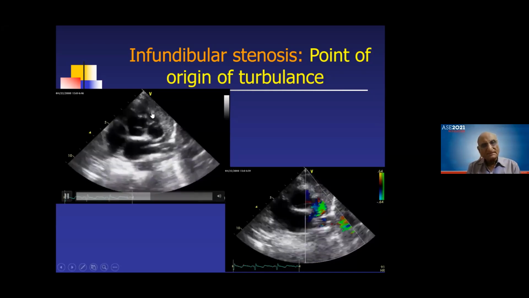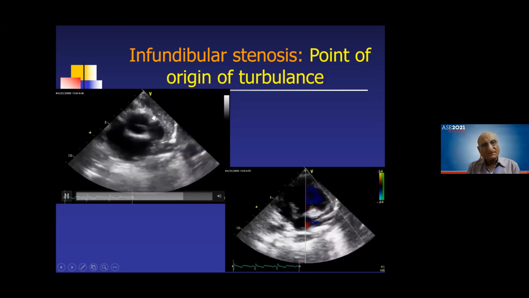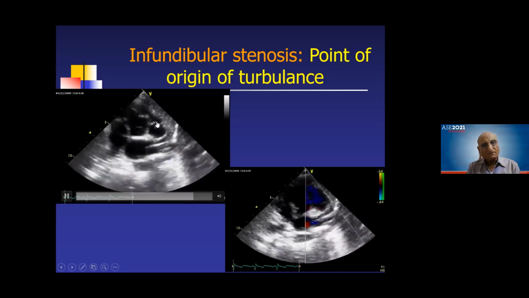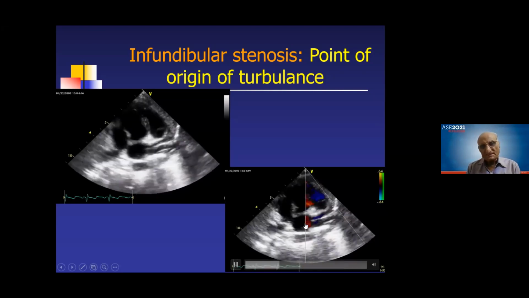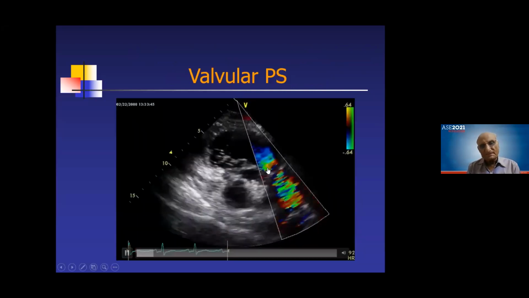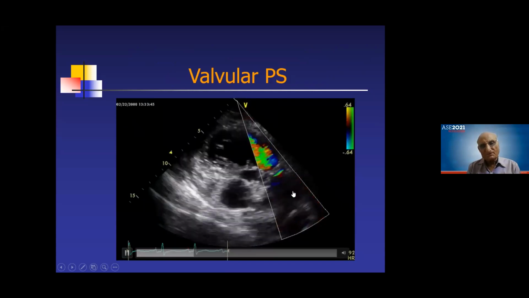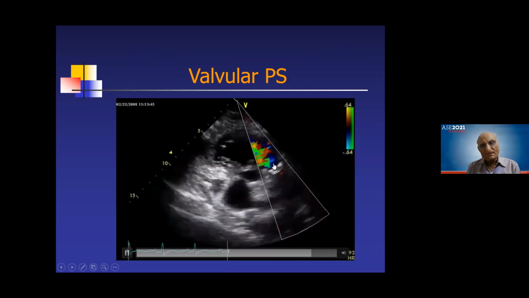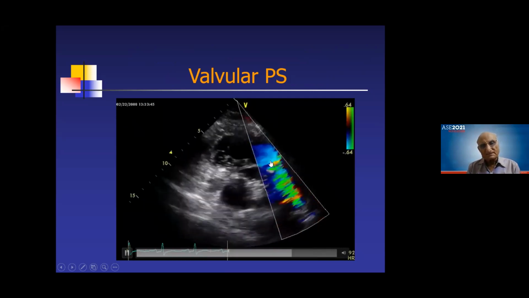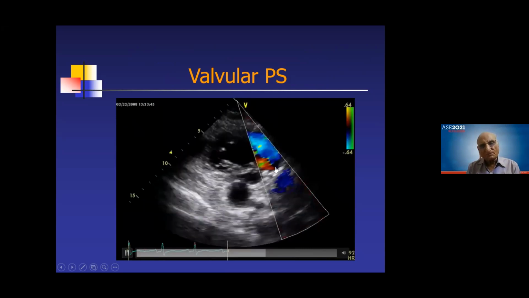And here you can see that this infundibular region gets obliterated, and we'll show you more examples of it. As compared to this, here the turbulence starts from the pulmonary valve, and hence this is known as valvular pulmonary stenosis. So you have to see from where the turbulence starts, and there you put a Doppler beam.